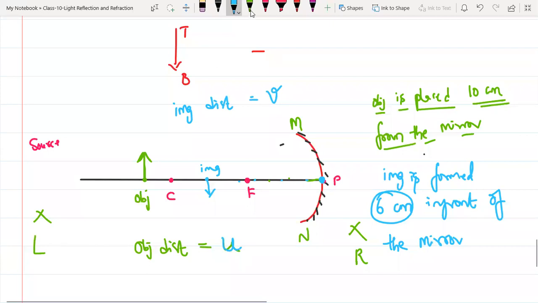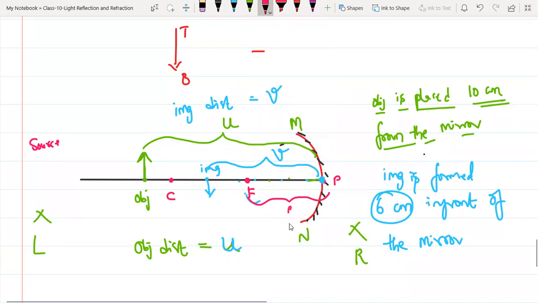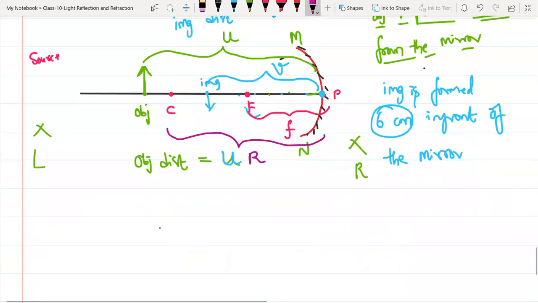Now, this will be object distance u. This will be image distance v. This will be focal length f. And this will be radius of curvature R. So we have 4 letters, guys.